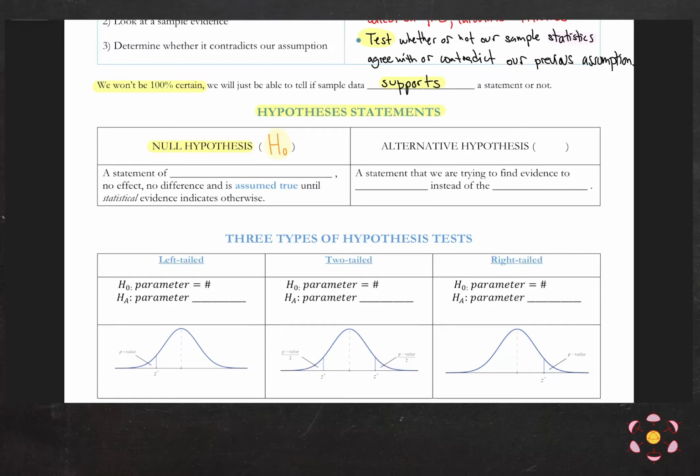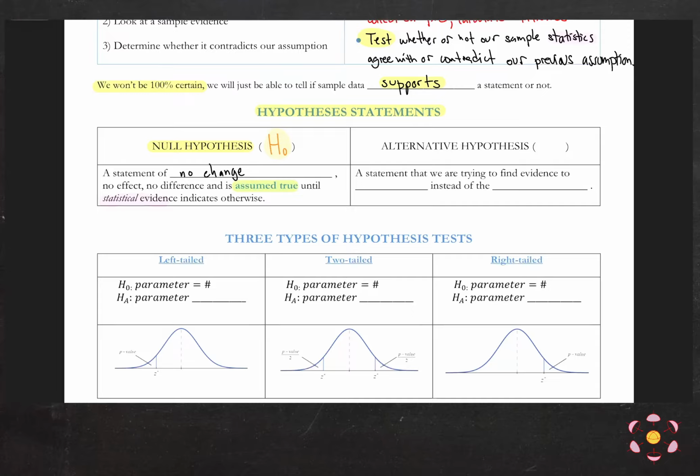So this is a statement of no effect, no difference, and is assumed true until there is statistical evidence that indicates otherwise. So we're going to say a statement of no change, no effect, no difference.